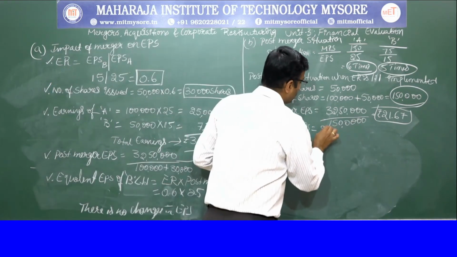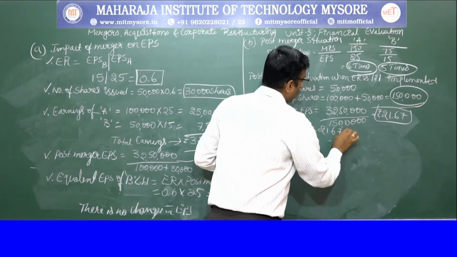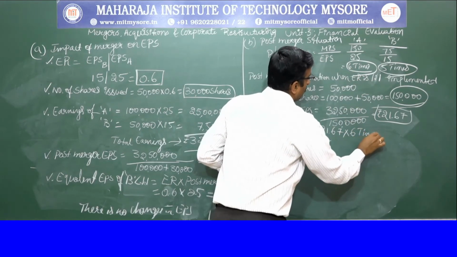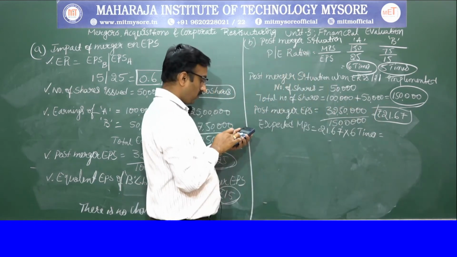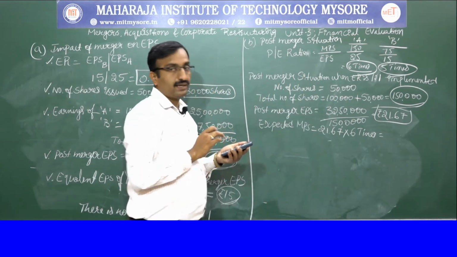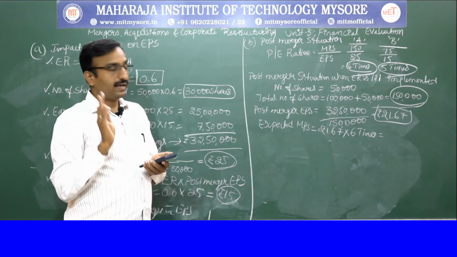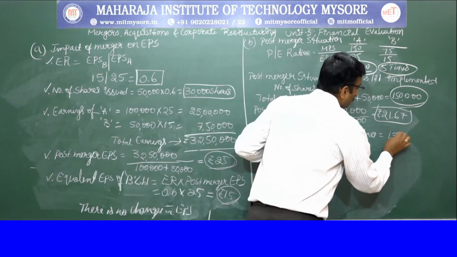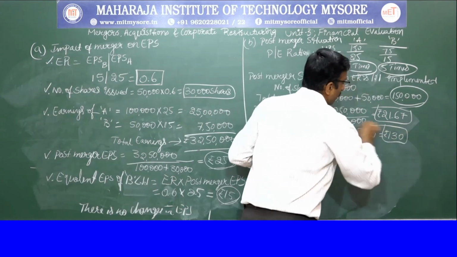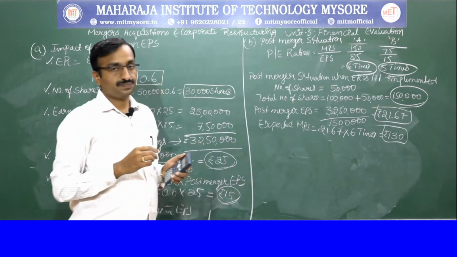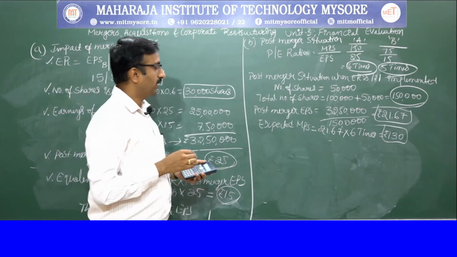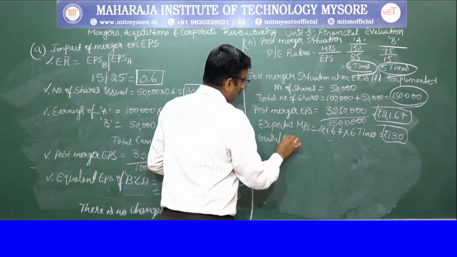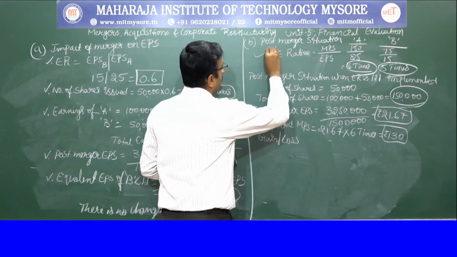So post-merger EPS of 21.67 into the price earning ratio of the buyer company, 6 times, gives exactly 130 rupees. Then later on you find out whether it is a gain or loss.